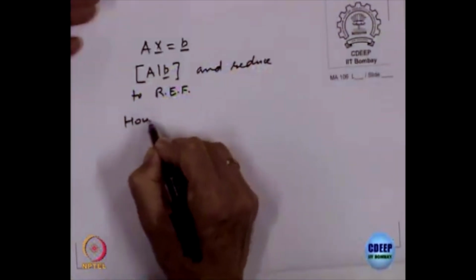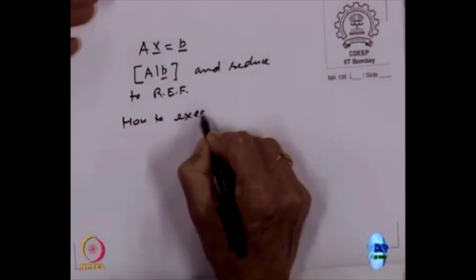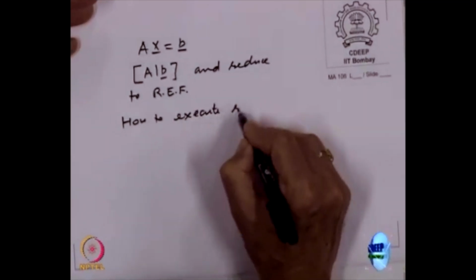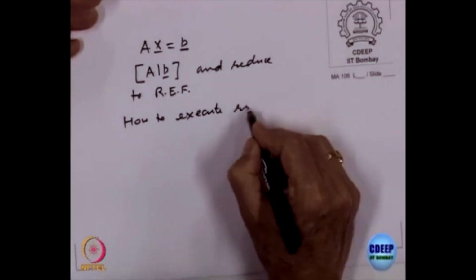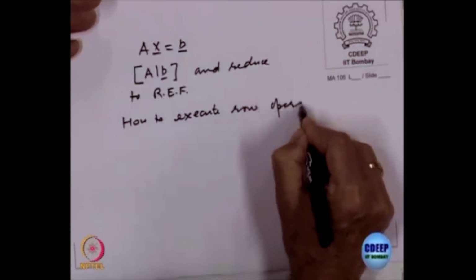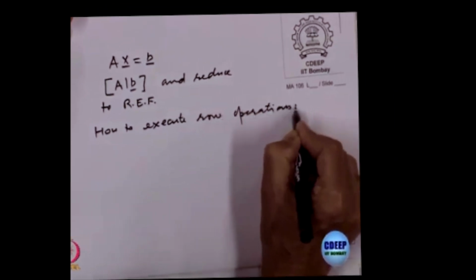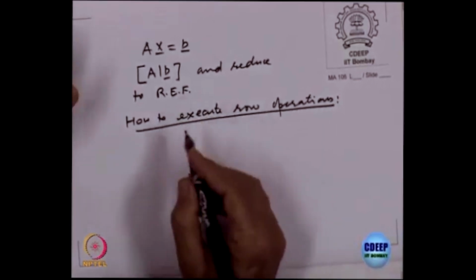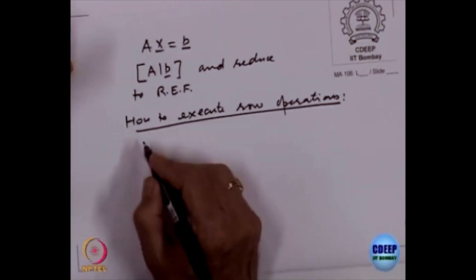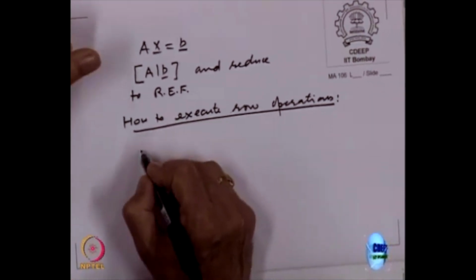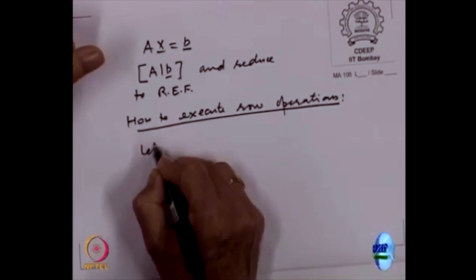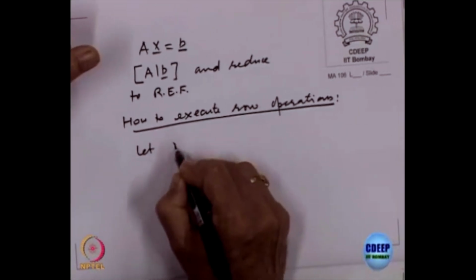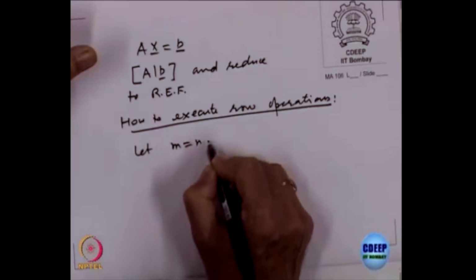So, let us see how we do it, how to execute row operations. That is what we want to understand. So, let us do something simple. Let us take m equal to n equal to 3.